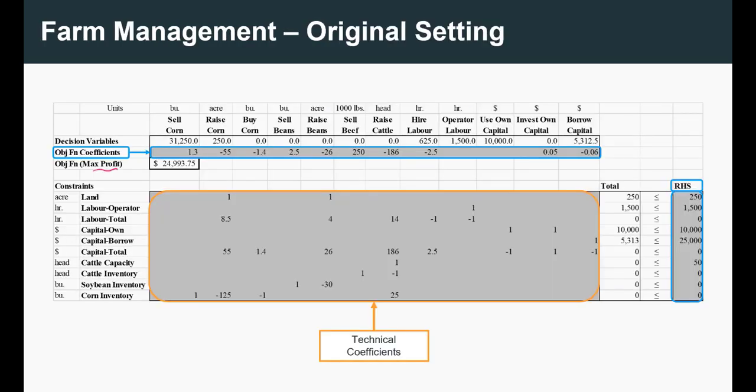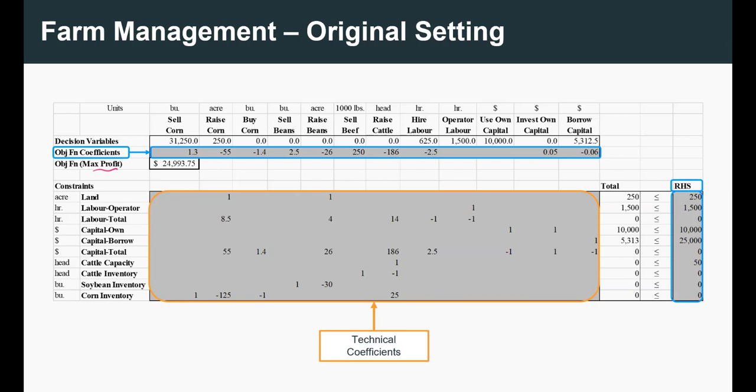For example, for this corn inventory constraint, the right-hand side value is actually 0. So it's not any quantity of an input that the producer owns. This is because we moved some decision variables from the right-hand side to the left-hand side, so the right-hand side value is 0. However, we get some negative signs on the left-hand side. So that's the explanation of the objective function coefficients and the right-hand side values.